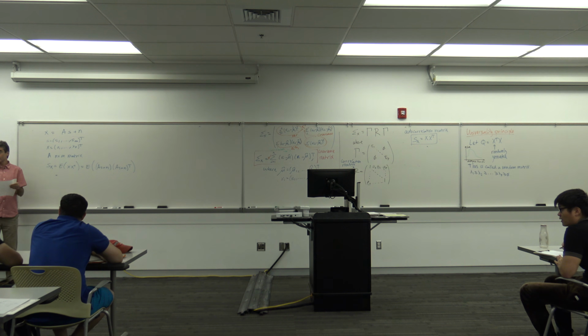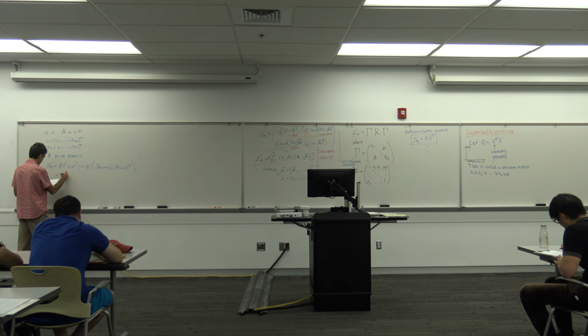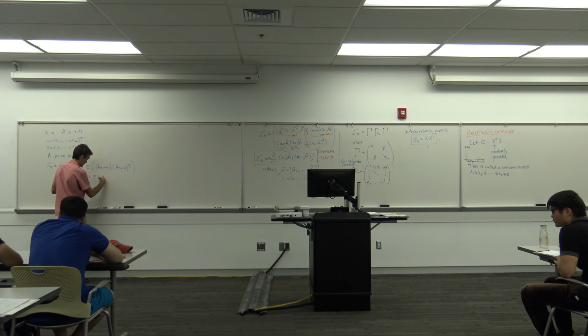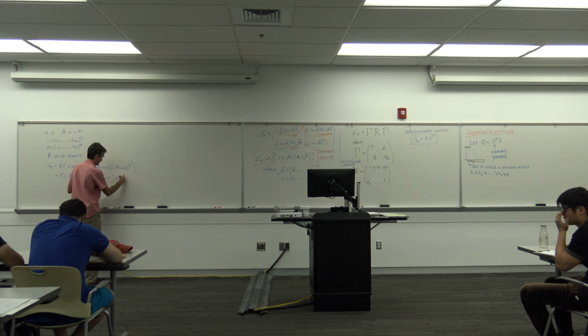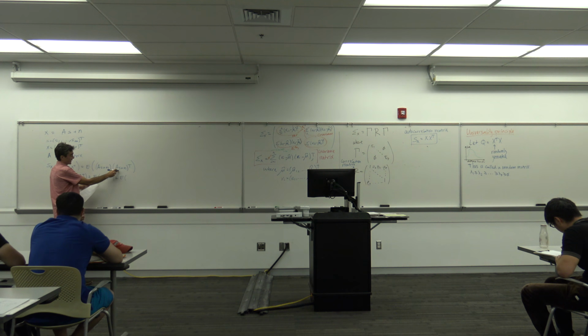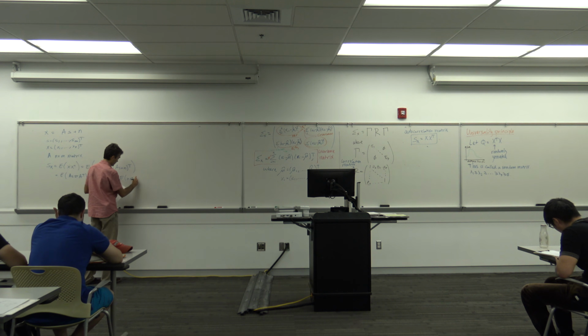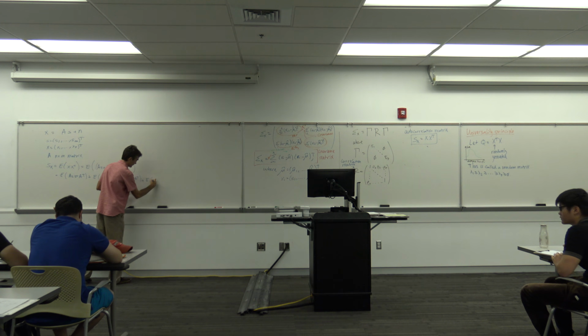So let's factor this out, shall we? This is going to be the first one with the first one. So this is equal to As s transpose A transpose, plus E of As n transpose, plus now n s transpose A transpose, plus the last one, n n transpose.